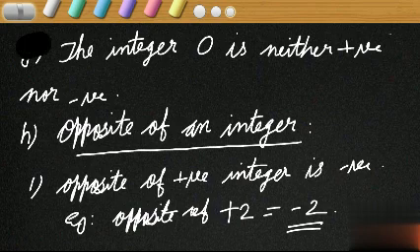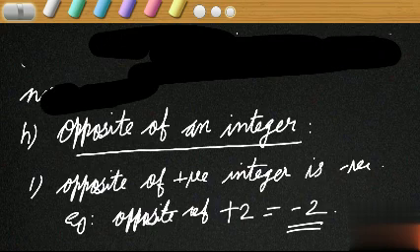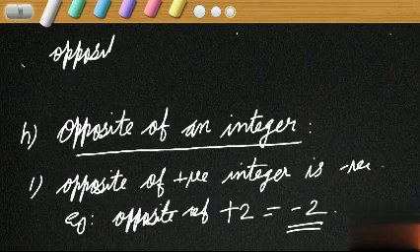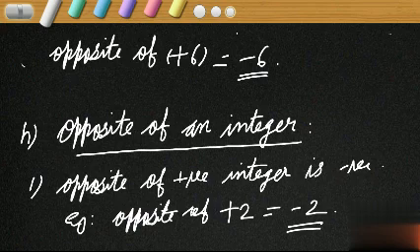Opposite of a positive integer means a negative integer. So what will be the opposite of +6? Yes, it is -6. Opposite of +6 is equal to -6, isn't it? Yes.